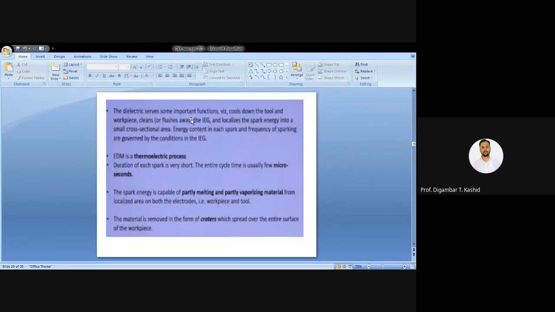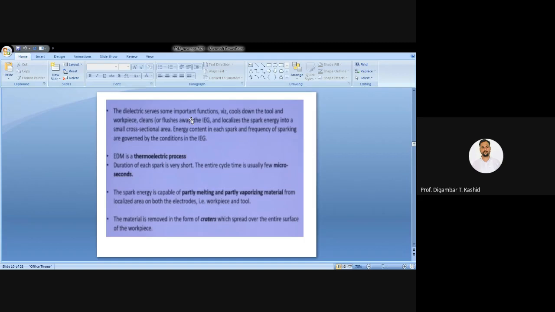The debris is a mixture of irregular shaped particles, because it comes from the molten metal into your dielectric.